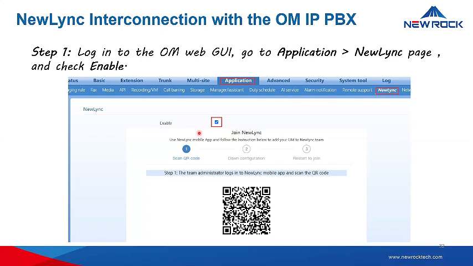With this procedure, we want to make sure that your company's extension on New Link can contact your customers anytime, anywhere. We have a unified office number, so you never miss a call on your corporate extension. We need to bind your New Link to our OM IPPBX, then enable this function.